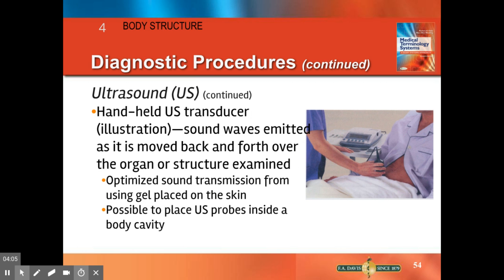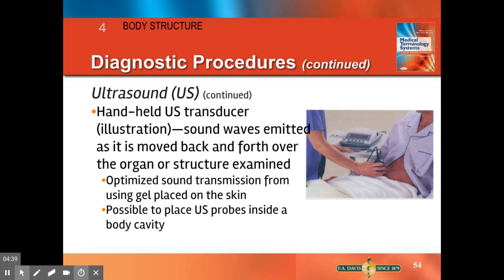Like I said, they have that handheld ultrasound transducer that can look at the bladder to see if it's full of urine. We use them a whole lot for obstetrics, where we see how the baby's growing, how the placenta is, how the amniotic fluid is, making sure everything is progressing appropriately.